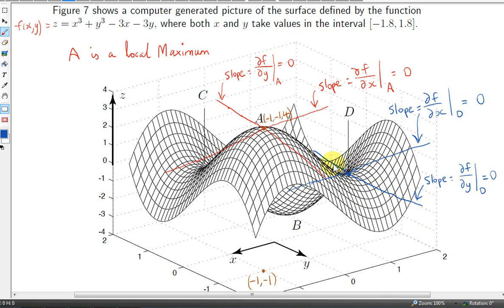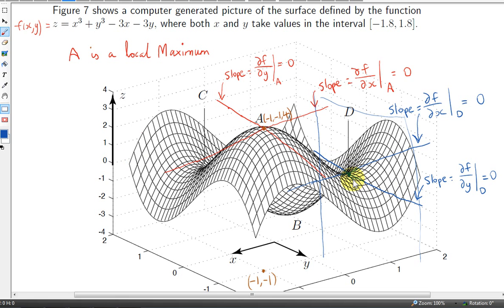You know, you could consider the cross section of planes with this surface. Like to get this line here, we can imagine a plane that is parallel to the YZ plane, and consider its cross section with the surface.